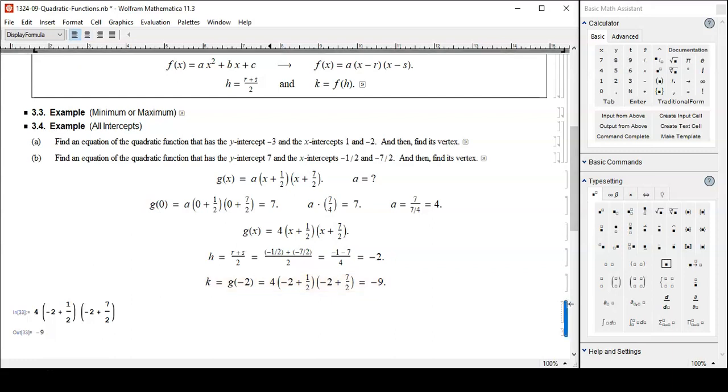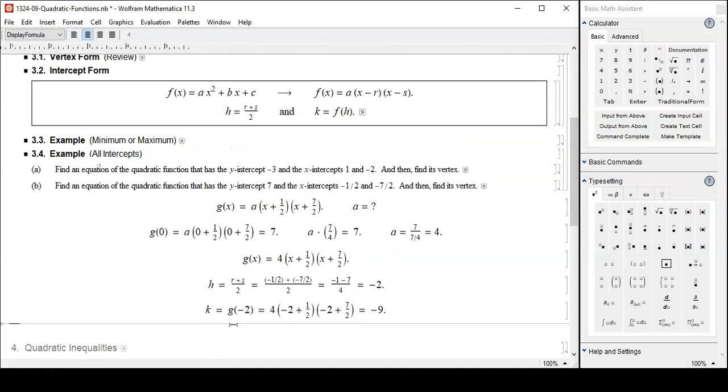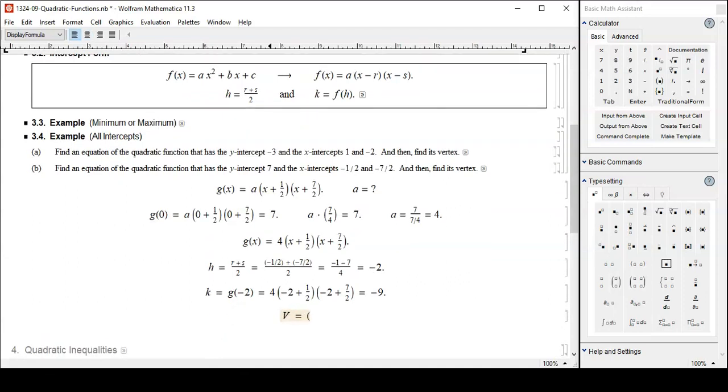So h is negative 2 and k is negative 9, and from there I can find that vertex. The vertex is -2, -9.